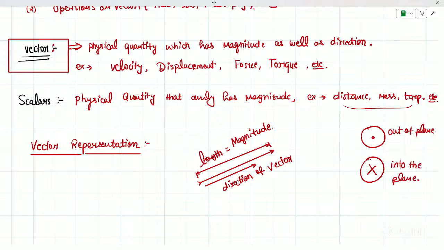So the length of any vector or arrow provides the magnitude to us, and tail to head represents the direction of the vector. Where the head is pointing, that is the direction. Got it?